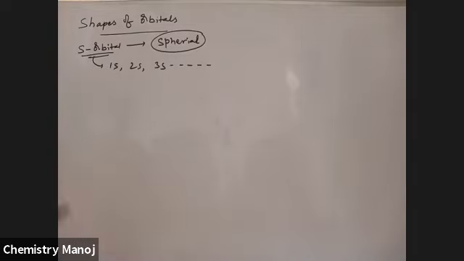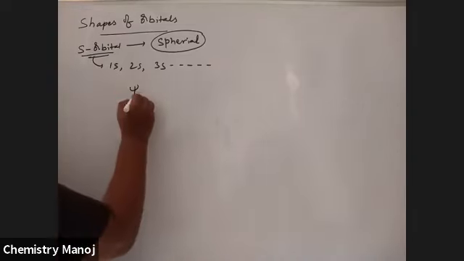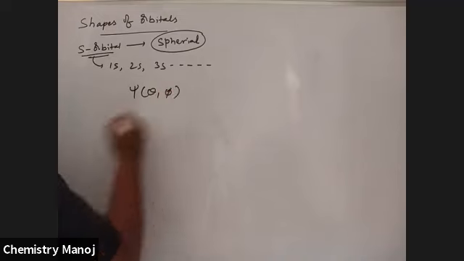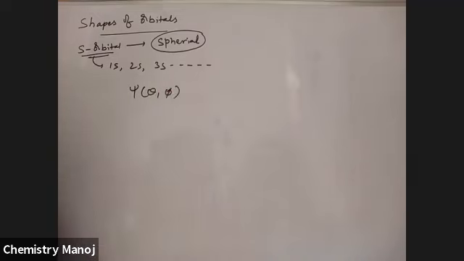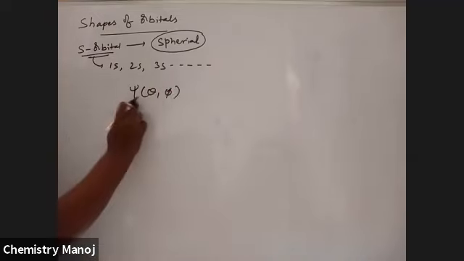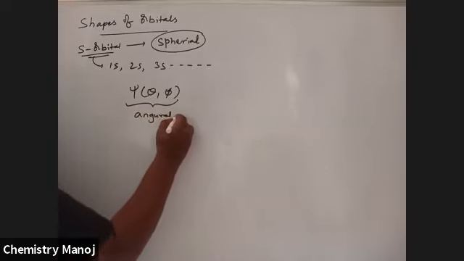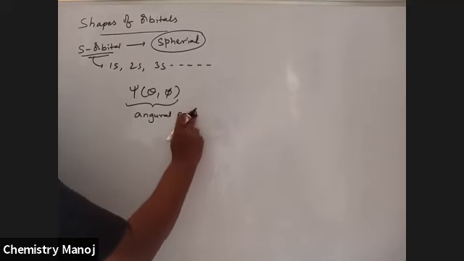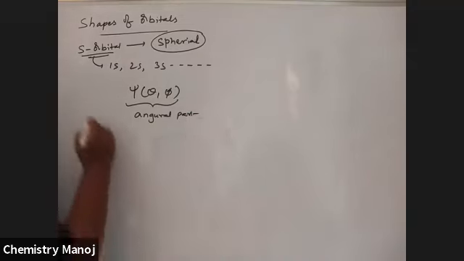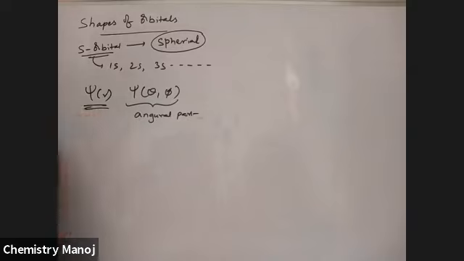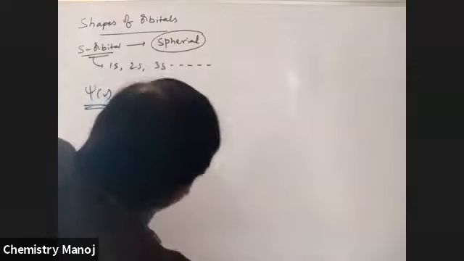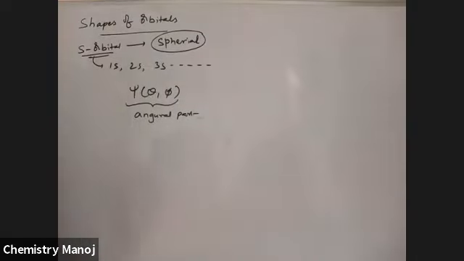For S orbitals, the psi function, that is the theta and phi part, whatever the S orbital may be, is nothing but the angular part. If psi of r is taken, that is the radial part of the orbital. So now I am going to take here only the angular part.